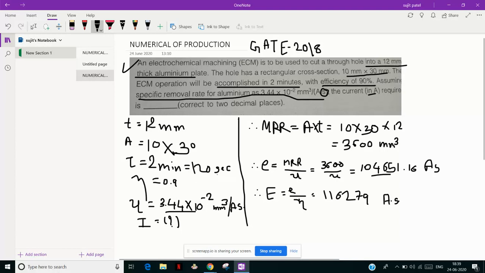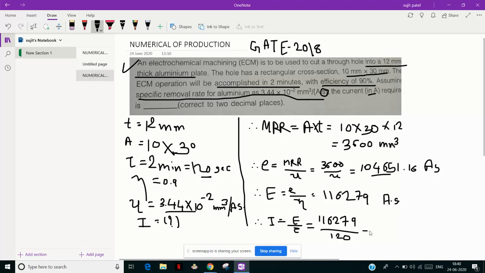This is actual energy that is to be supplied. But our machining was done in 120 second. Okay, so divide this by time, so second will get cancelled and we can find our answer. Okay, so here I is 116279 divided by 120.